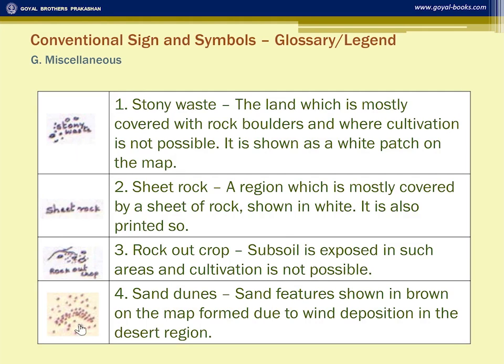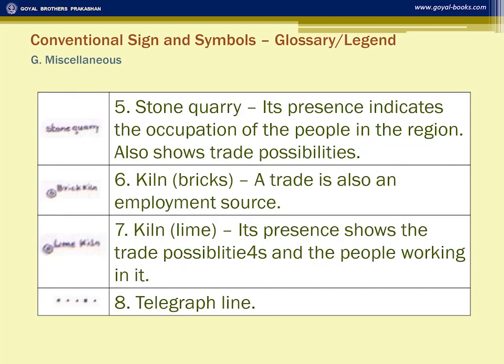Then all the desert features on the survey sheet are shown in brown, speckled with brown dots. All the desert features like sand dunes, or in general the desert region, are always shown in brown.